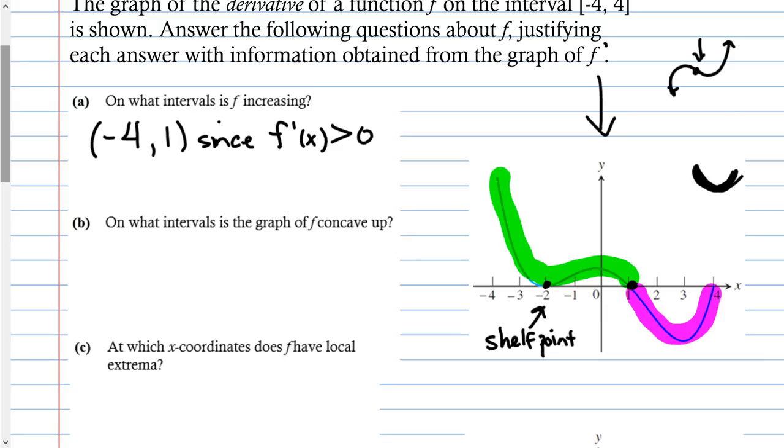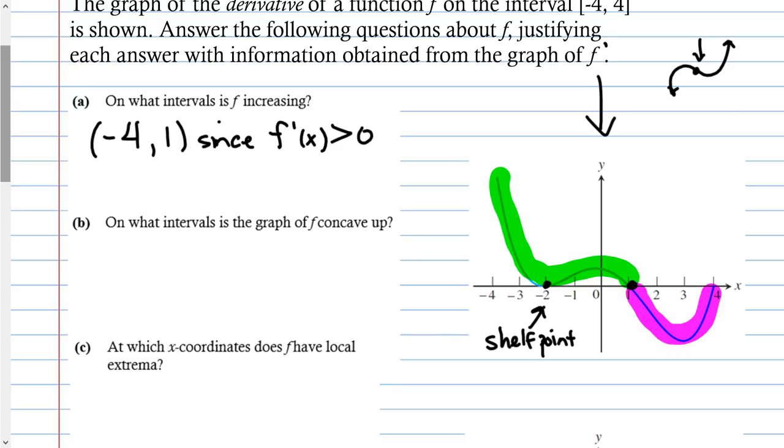This is not f, this is f prime. But if you recall, if I were to derive the first derivative, I get the second derivative. So the second derivative is the first derivative of the first derivative. If I can use the first derivative to tell me stuff about the original function, then I should be able to use the second derivative to tell me stuff about the first derivative.